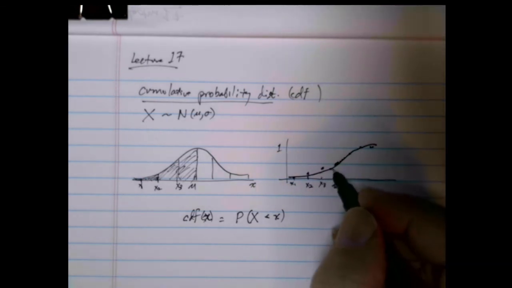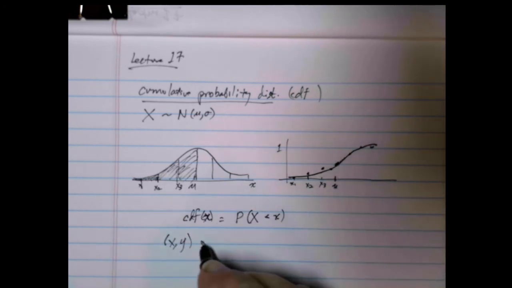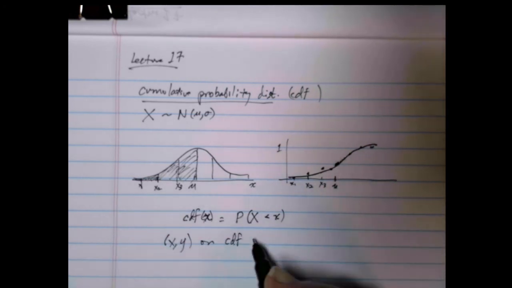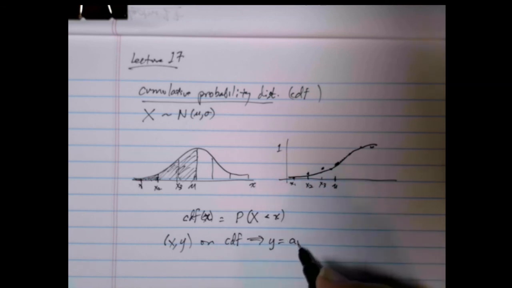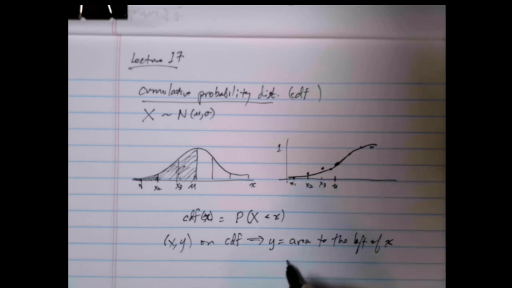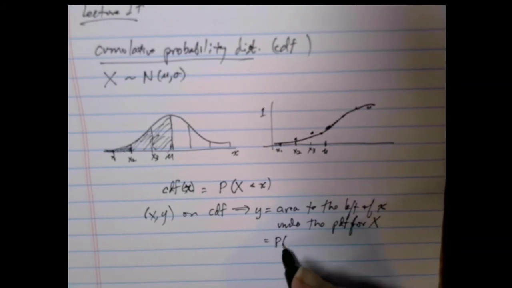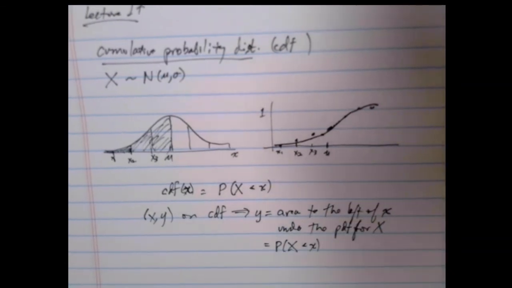If you have a point x comma y on the graph of the CDF, then the y value is the area to the left of x under the PDF for that random variable x. Or, alternatively, it's the probability that random variable x is less than x.